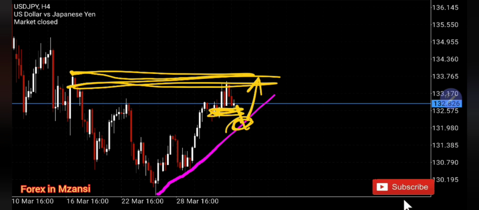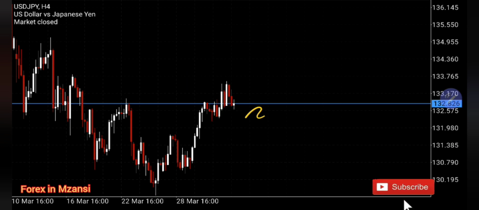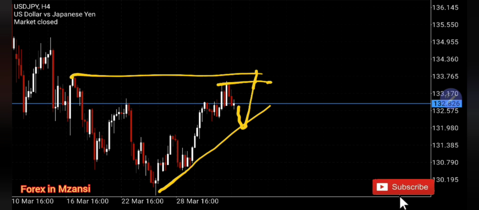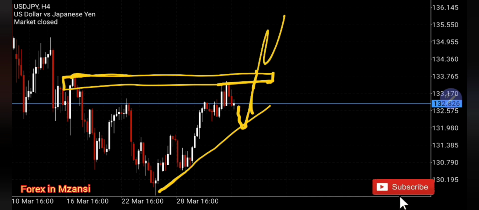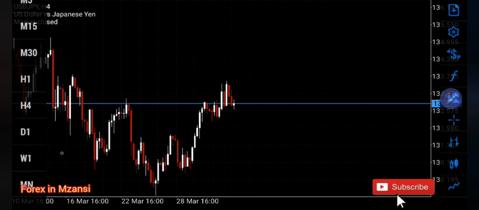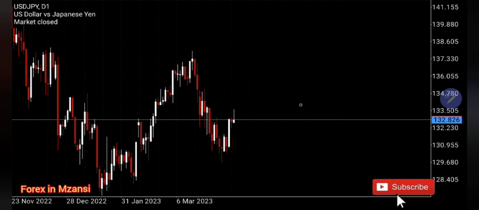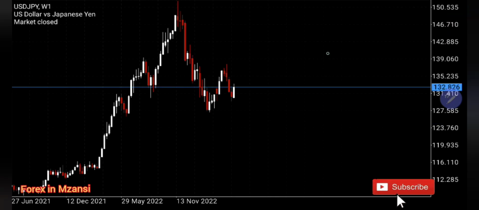I wouldn't trade anything around there if I'm trading H4. But if it gives me some room to breathe, moves to the downside, comes and touches this, gives me confirmation, then I'll target this as my target number one. And then I can also go with this, but the big targets will be what we saw on the bigger structures, because even on weekly we're saying there's a potential of going back to this.